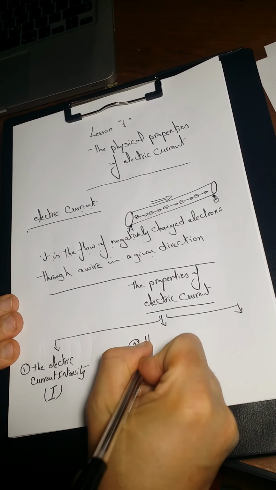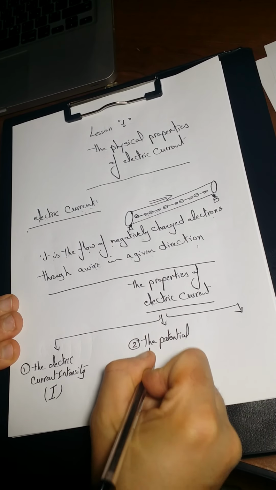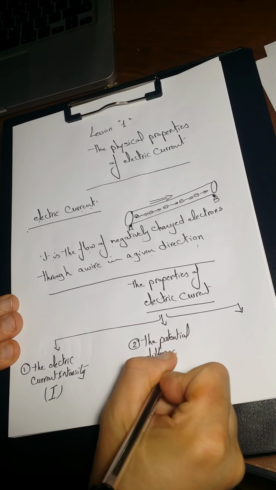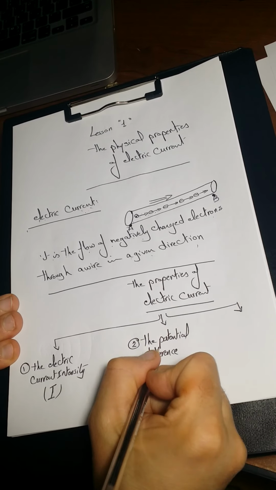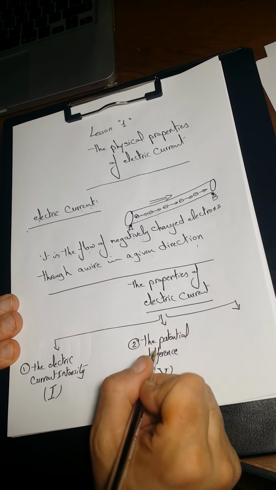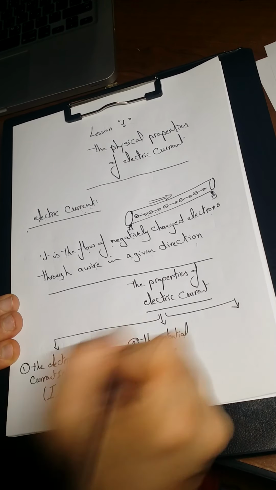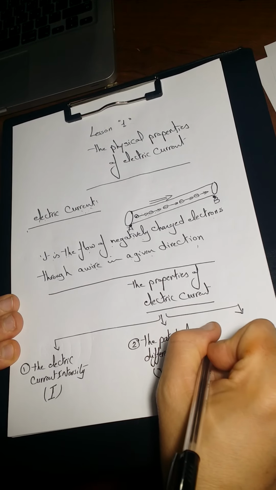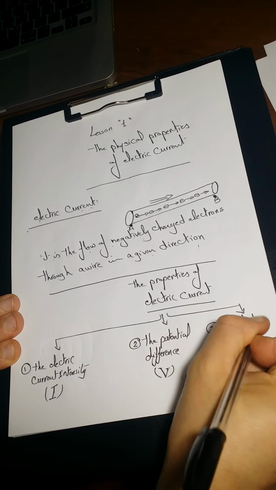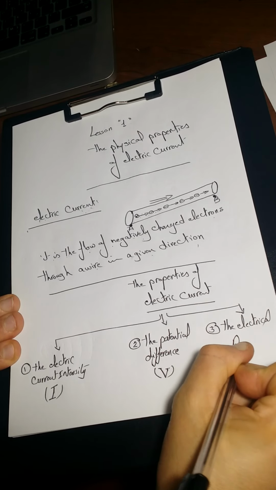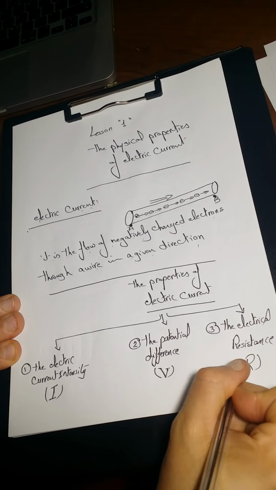Number two, the potential difference, denoted with V, or in some cases we call it the voltage. Number three, the electrical resistance.